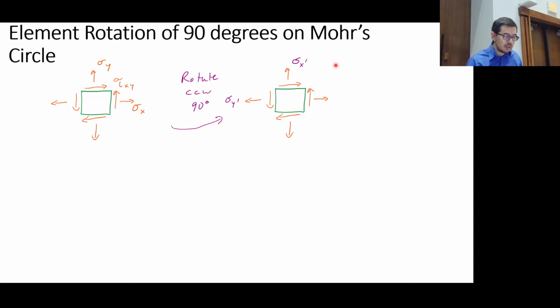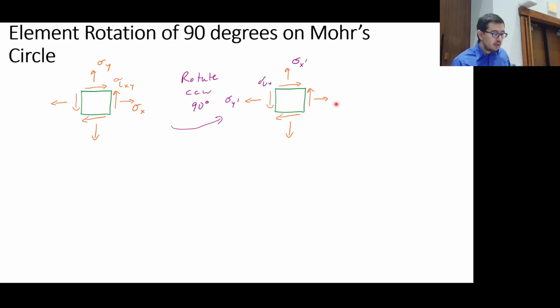And we just kind of put this point out there. So remember, if I started with sigma x here, then at 90 degrees, the x prime direction is now where y was, okay? And the y prime direction now is in the negative x direction.